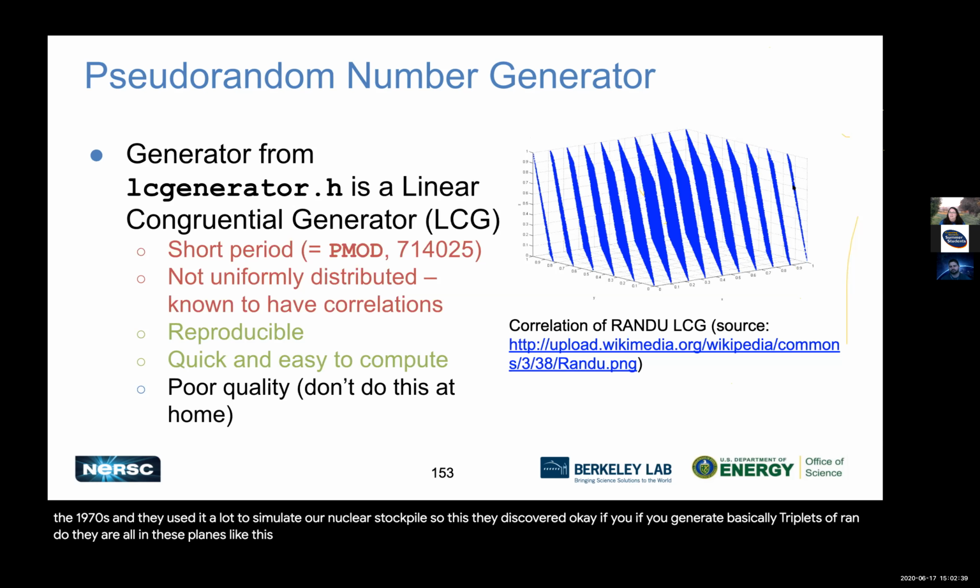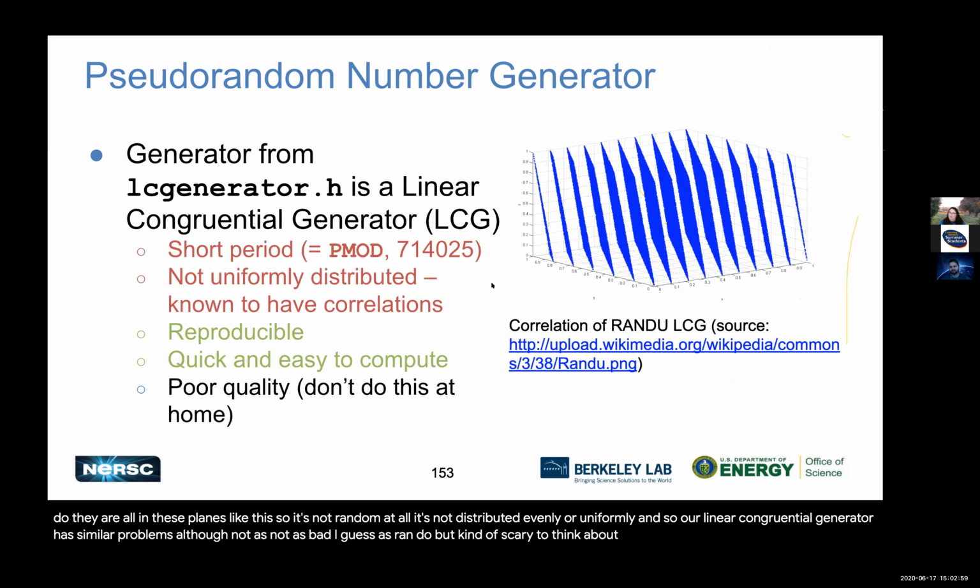So it's not random at all. It's not distributed evenly or uniformly. Our linear congruential generator has similar problems, although not as bad as RANDU. But it's kind of scary to think our nuclear stockpile was simulated with this.